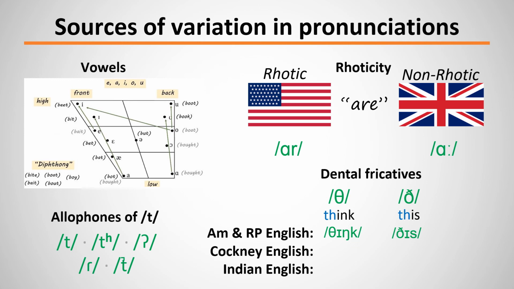There is no surprise here, they both pronounce the words in the same way, think and this. Nevertheless, if we speak about Cockney English, then we pronounce it as think and this. In the Indian accent, for example, they pronounce it as think and this. So these are some variations in pronunciation depending on the accents and region.